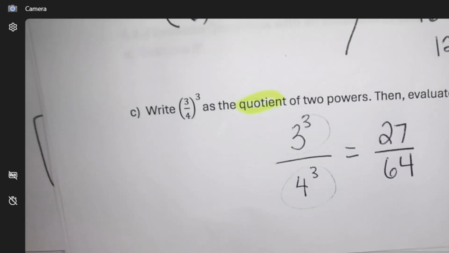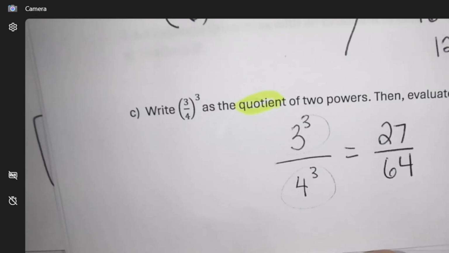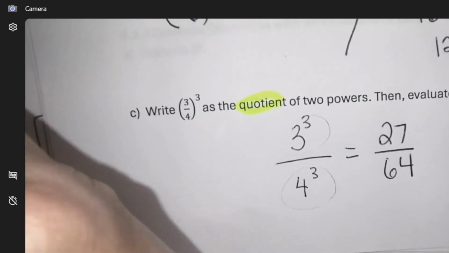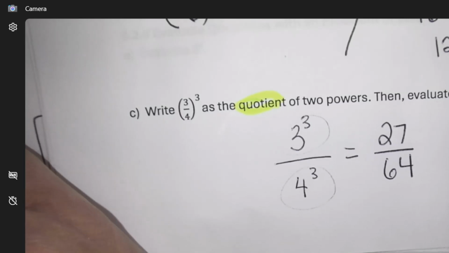Okay, just for the fun of it, do you want to do this in your calculator for me? Brackets 3 divided by 4, to the 3rd power.